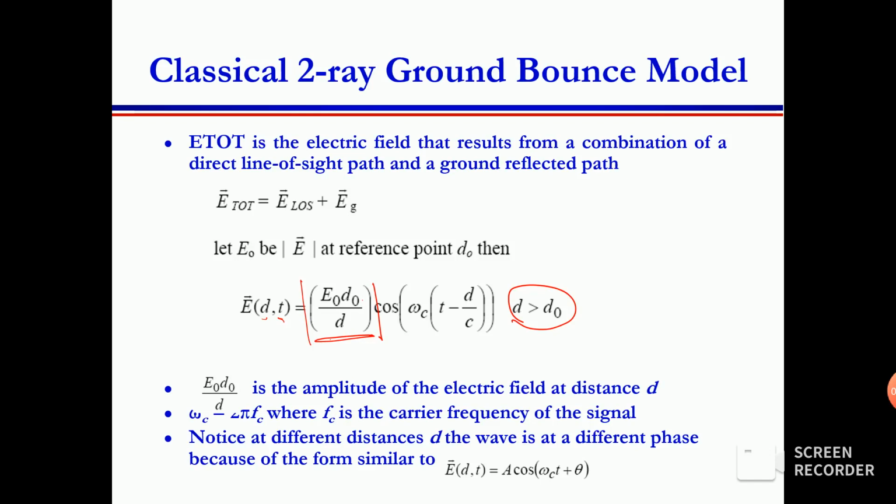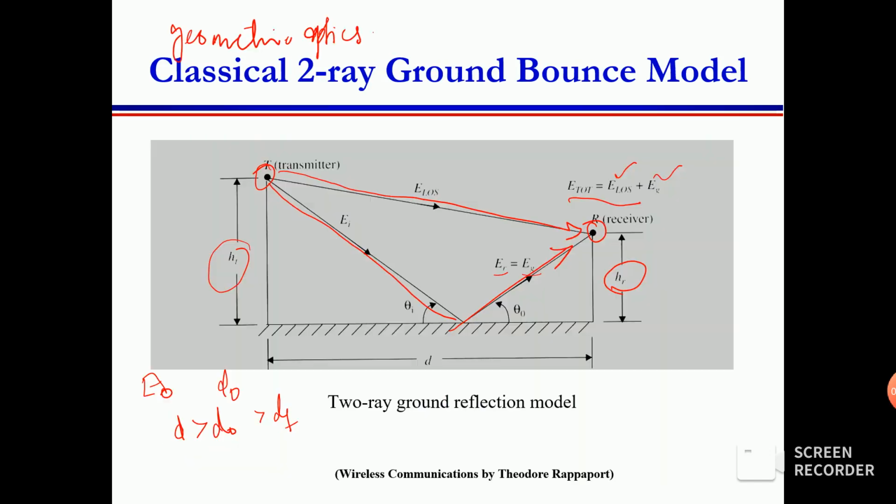Two propagating waves arrive at the receiver. One is the line of sight wave, and the other is the ground reflected wave. In this diagram, the line of sight wave travels a distance d dash, and the ground reflected wave travels a distance d double dash.